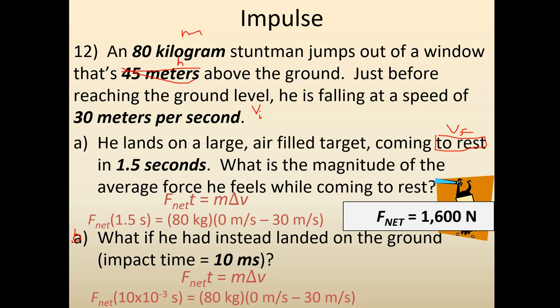So we just plug in times 10 to the negative 3 for milliseconds. And then when we do the math, this time we get the number skyrocketing to 240,000 newtons. This is actually one of the reasons why it's not really the speed that ends up harming people when they fall. It's actually the impact time.